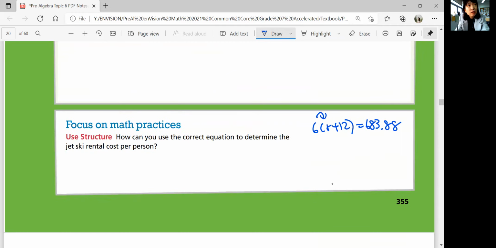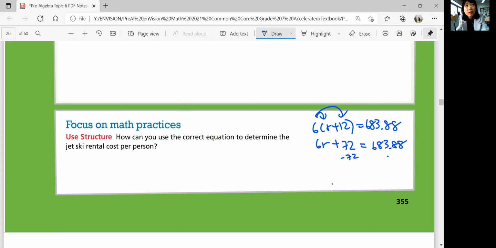Okay, you're going to use the distributive property. That's your first step. 6r plus 6 times 12, which is 72, and that's equal to 683.88. Then isolate the variable. First, you want to get rid of the 72, and then you can divide by 6.